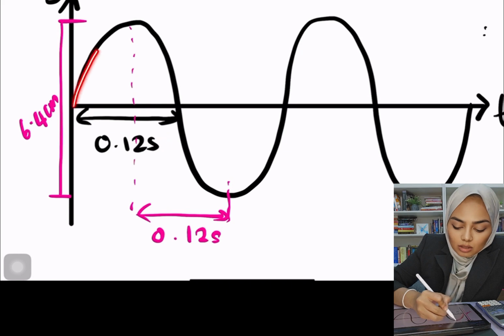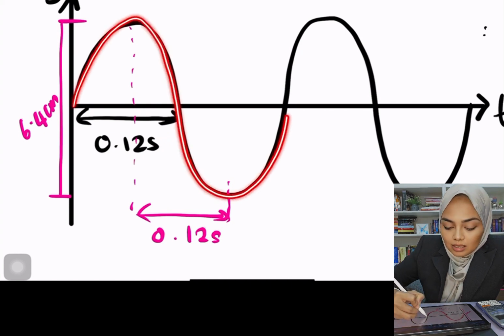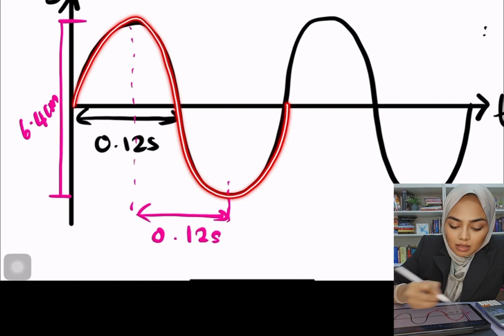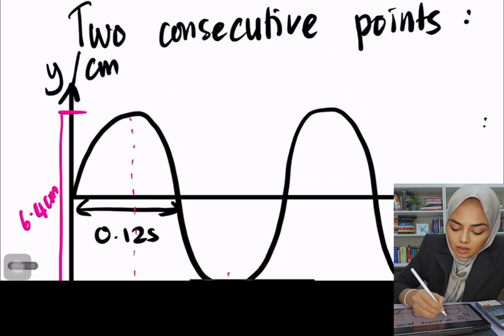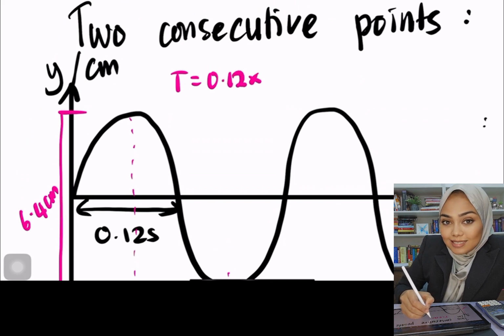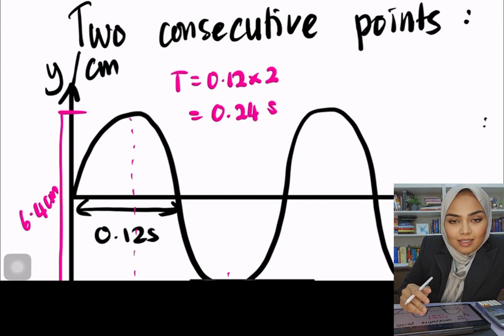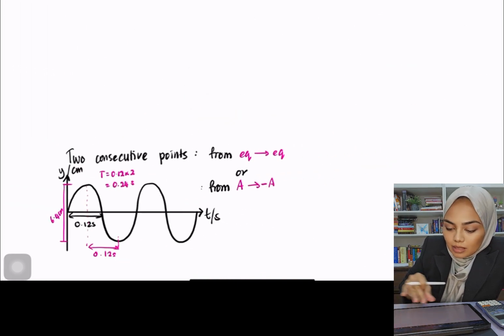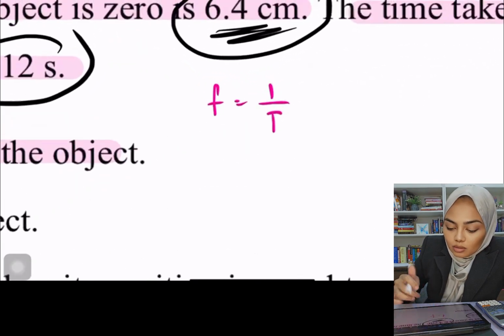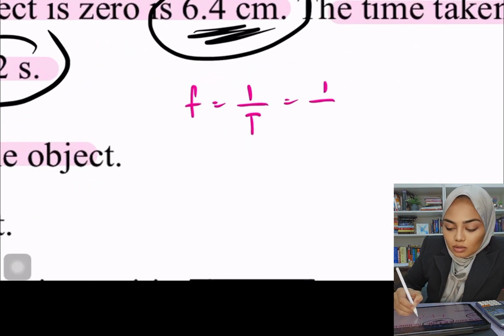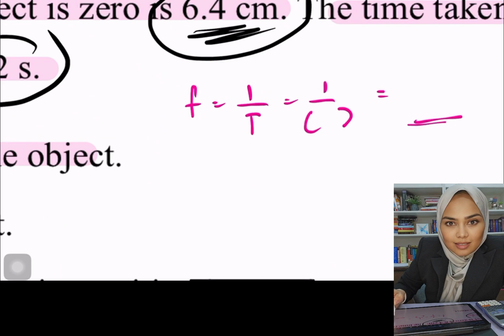Satu period ialah satu pusingan lengkap. So to get the period, T equals to 0.12 kena darabkan dengan 2. So kita akan dapat 0.24 saat. And then from there baru you boleh dapatkan you punya frequency. You can give it a try yourself, do the substitution, and you should get the answer.